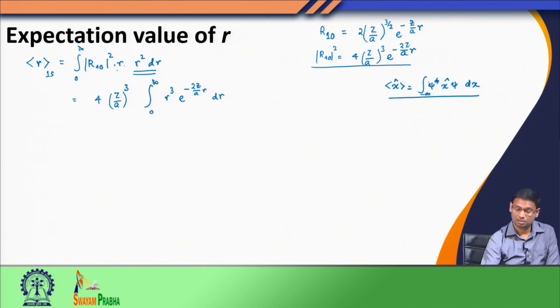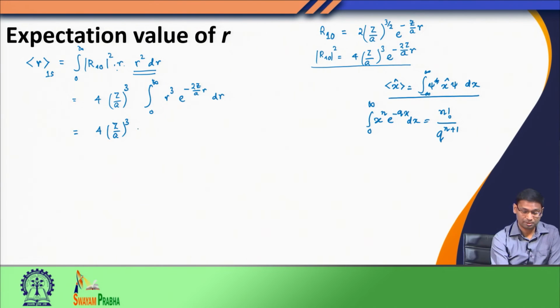This is the general definition when I am trying to obtain the expectation value of an operator for a function psi. So, I know that the result of an integral like this, x to the power n e to the power minus q x dx going from 0 to infinity, is simply n factorial divided by q to the power n plus 1.